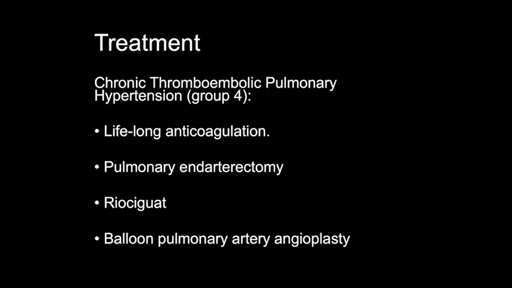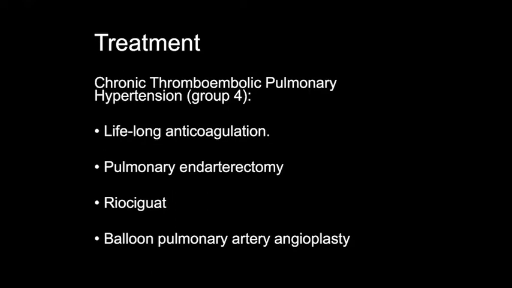But again, if you have a diagnosis, you get the pulmonary angiography and find out what's the site of the obstruction. Is it distal or is it proximal? And sometimes if it's not accessible, then we use riociguat for symptomatic patients in which it is inoperable CTEPH. CTEPH is again chronic thromboembolic pulmonary hypertension.